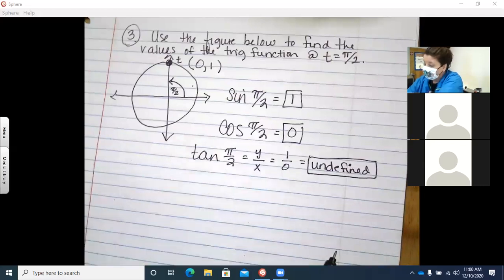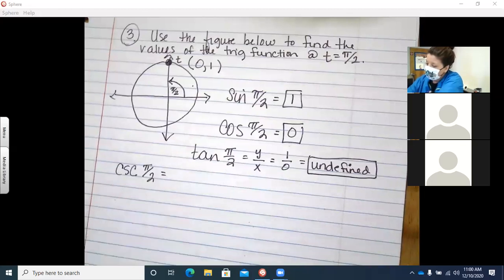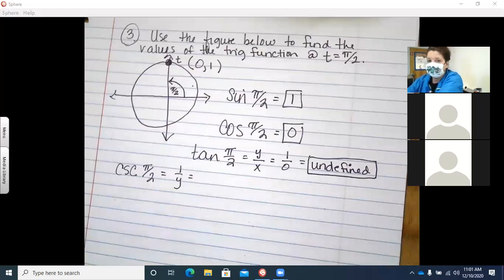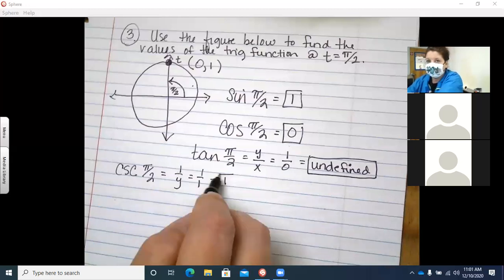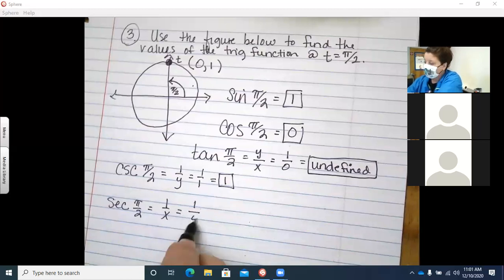All right, so the cosecant of pi halves, remember cosecant is the reciprocal of sine, so that's going to be 1 over y. So in this case, that would be 1 over 1, which reduces to 1. Secant of pi halves, secant is the reciprocal of cosine, so that's 1 over x. Undefined because x is 0. That gives me a 0 in the denominator.